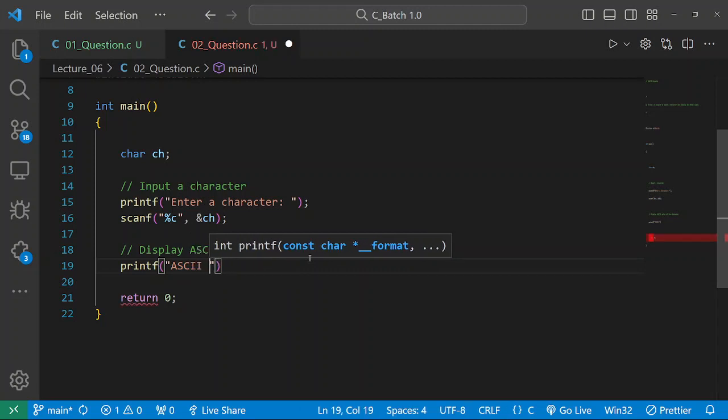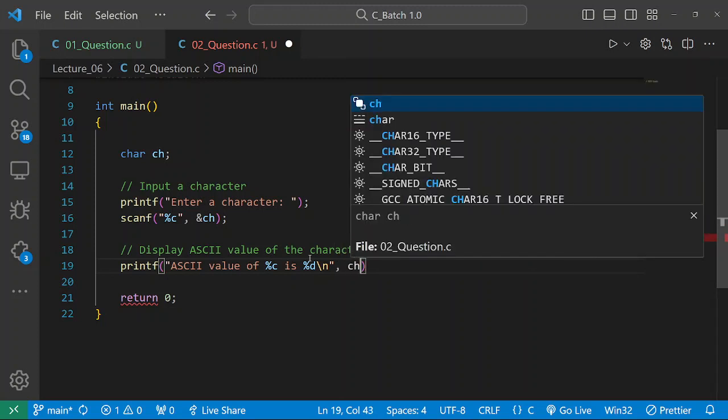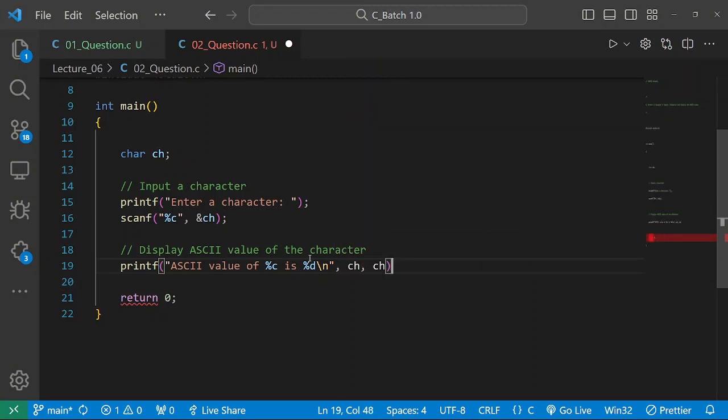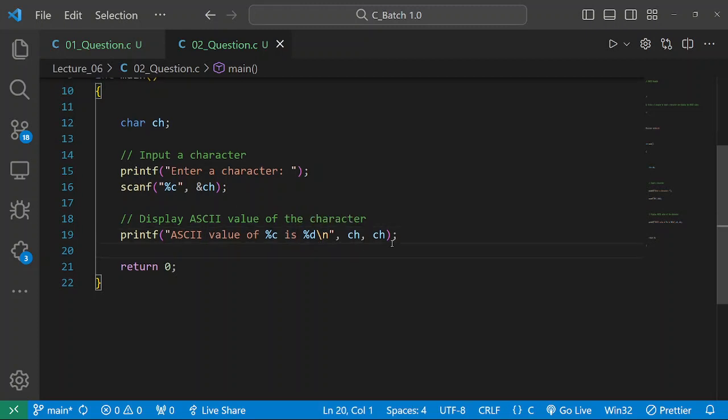What I'm writing: ASCII value of percent %c, which you have given as input, is percent %d, backslash n, and here I will write ch. I think the code is correct.